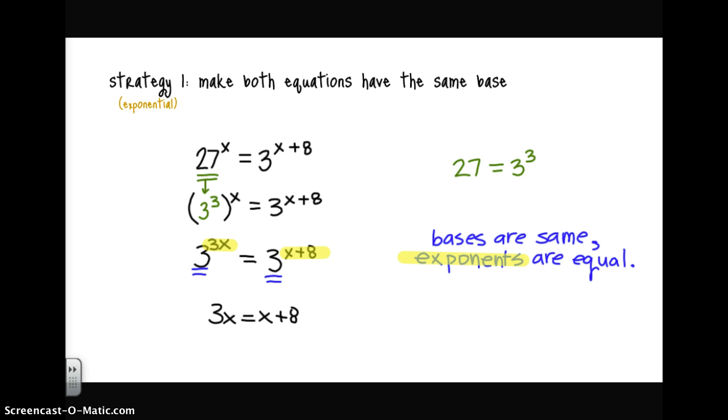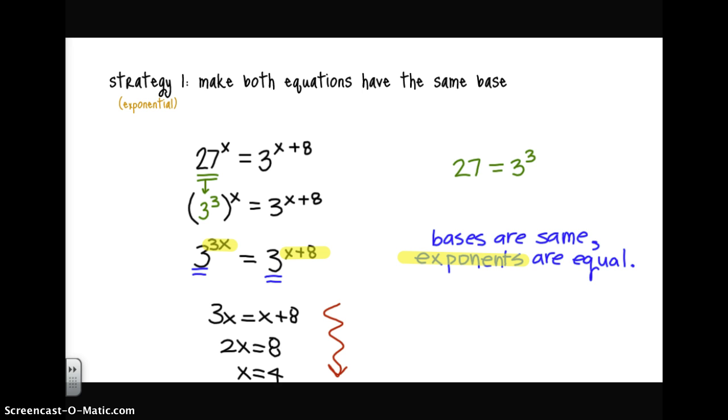From here, you could totally solve this. 2x equals 8, x equals 4. From there down, it's not so bad. It's how do we get there?